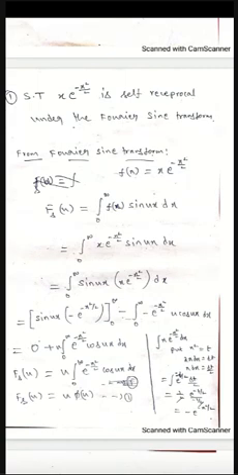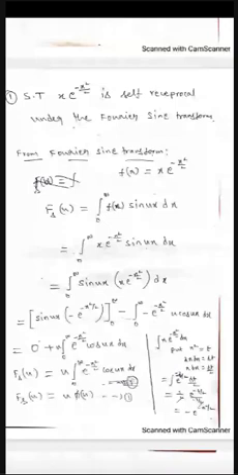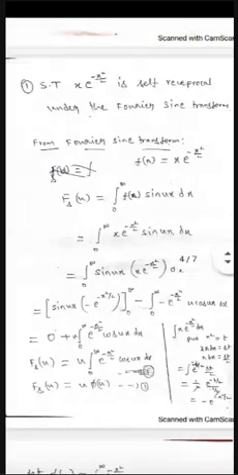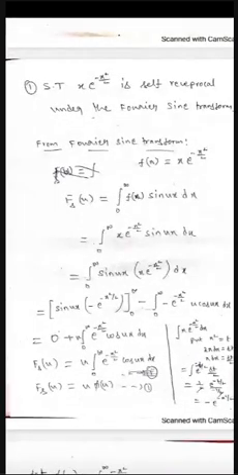He is asking for the Fourier sine transform, so if you find the Fourier sine transform of this function, you will get the same function. The inverse Fourier sine transform and Fourier sine transform are almost the same function, so we can say it is self-reciprocal.